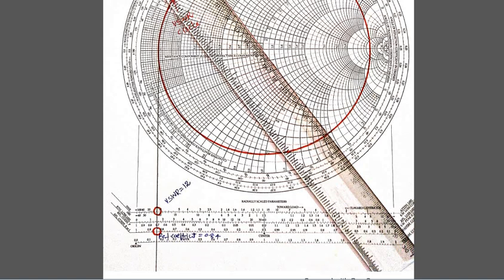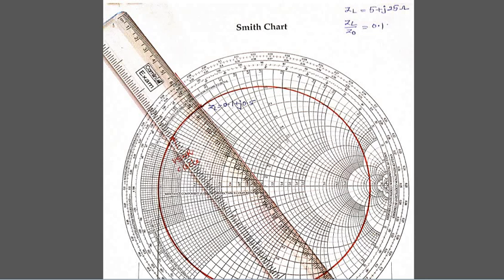After that we are going to make a straight line from the origin, passing through ZL, and crossing these two scales. What are the two? This one is going to be wavelength towards generator. The second one is wavelength towards load, and another one is the angle of reflection coefficient.